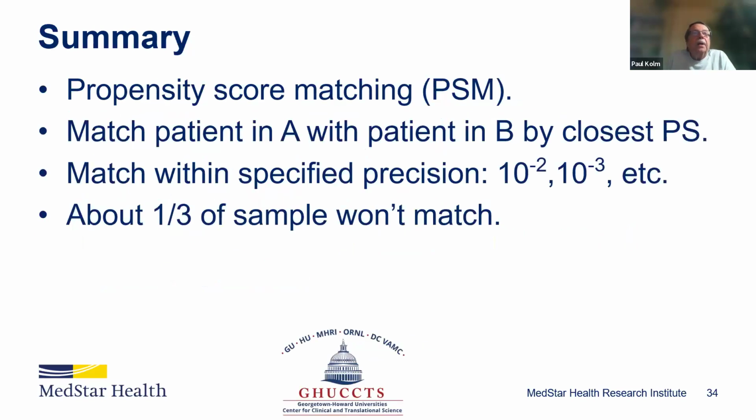So in summary, in propensity score matching, we match by the closest propensity scores, and we match within a specified precision. As we mentioned, about a third of the sample won't match.